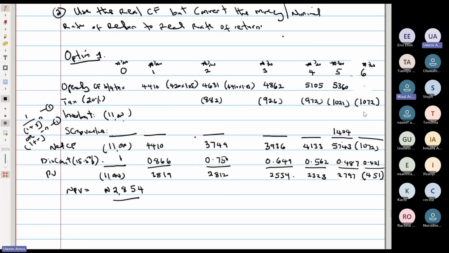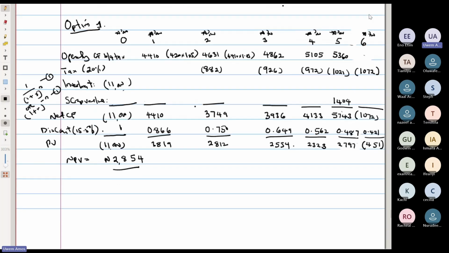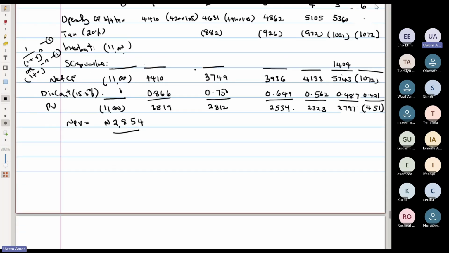Yes, sir, please go ahead. Please, the discount factor: how do I punch it on my calculator to get the 0.866 for year 1? Okay, since it's 15.5%, I'm using the second formula. Let me put the format in front of us quickly.